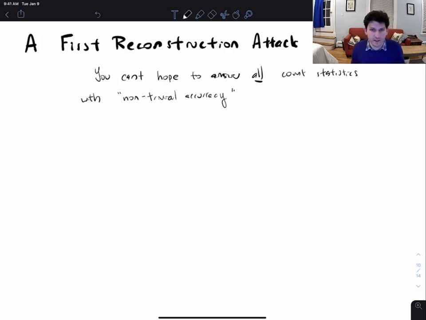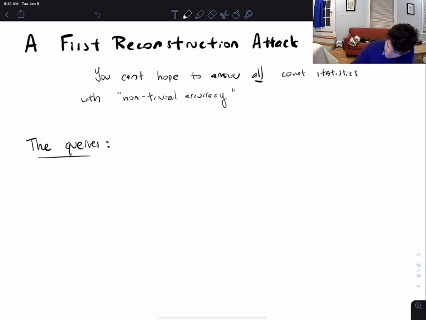So what I mean by that is, if I'm going to answer all count statistics on a data set and the noise is going to be significantly smaller than n, then an attacker is going to be able to recover essentially all of the secret bits. So they'll be able to recover the secret bits of all but a very small number of people in the data set. So first, what is the attack? What are the queries?